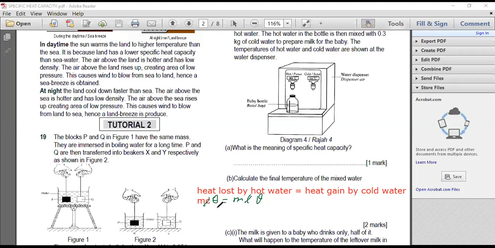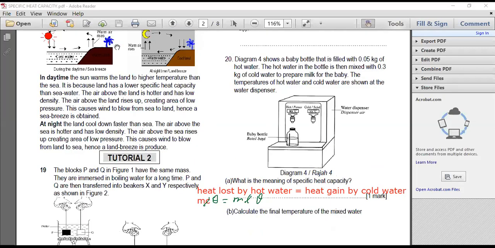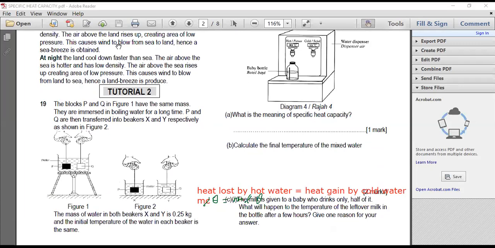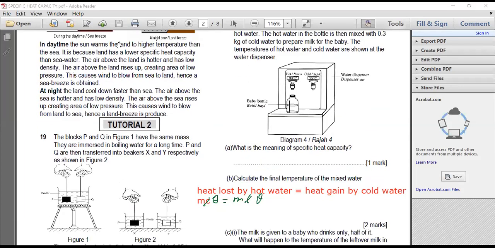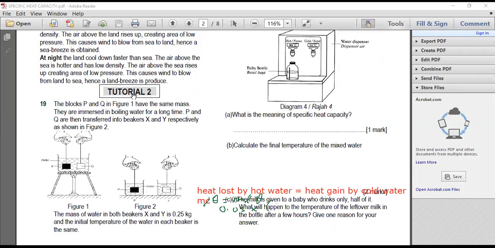The mass of the hot water is 0.05 times the temperature of the hot water, which is 90.